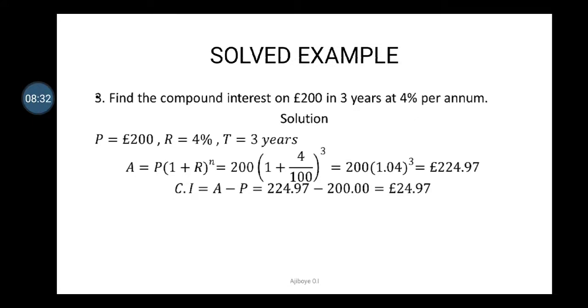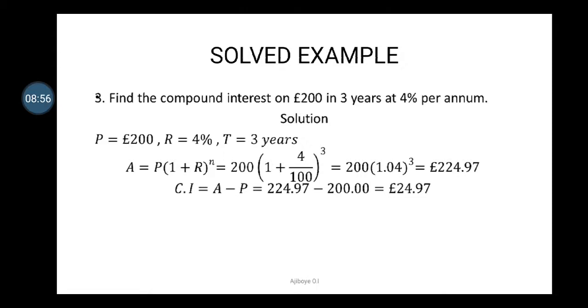Find the compound interest on 200 pounds in 3 years at 4% per annum. We are asked to find the compound interest. Here we have been given the principal to be 200 pounds, the rate to be 4%, and the time to be 3 years. So we'll first find the amount, and from the amount we'll get the compound interest.